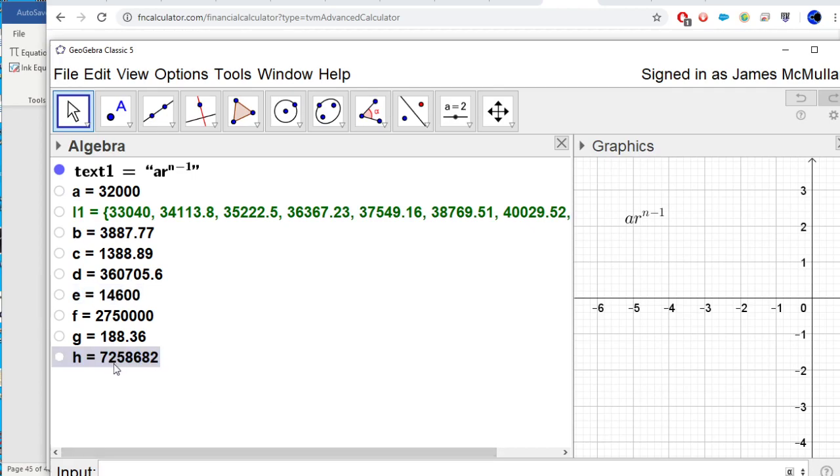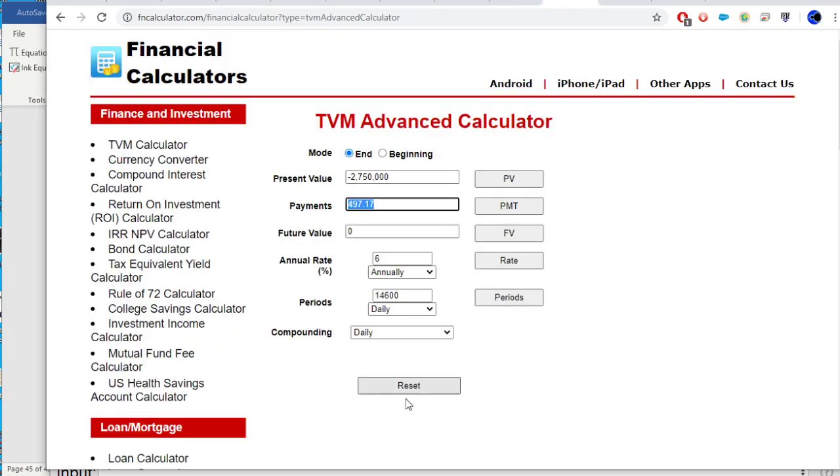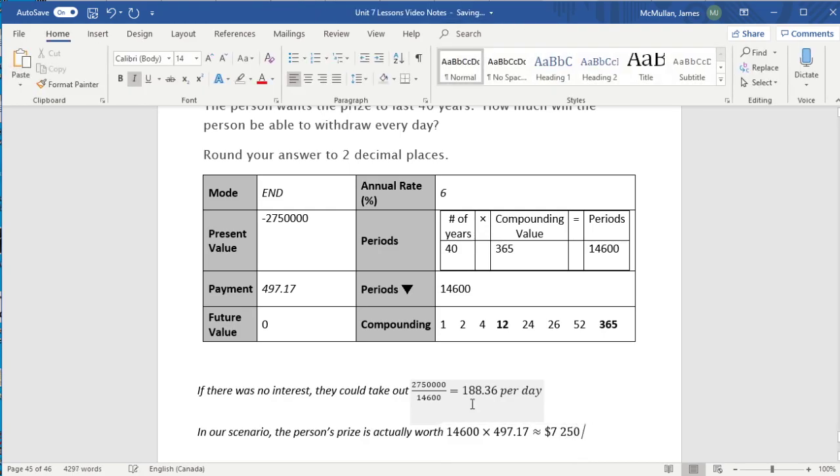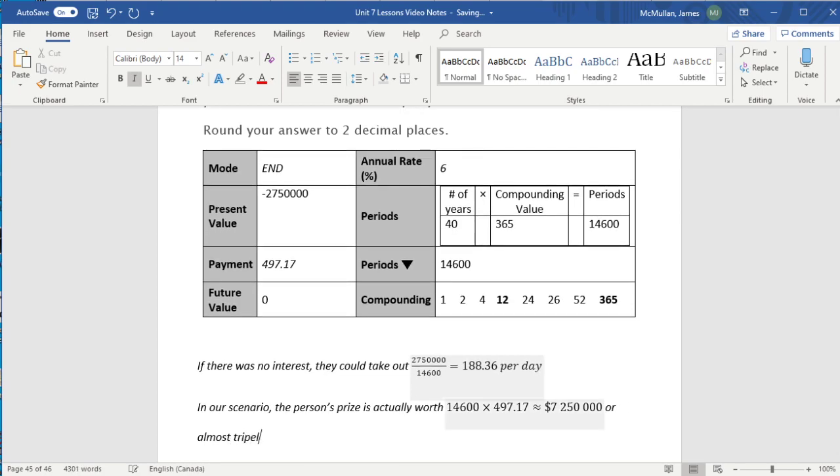The prize was actually worth approximately $7,200,725. Let's just put approximately so you don't watch me copy these decimals. That's more than double their original prize.